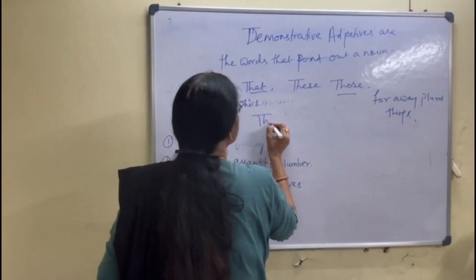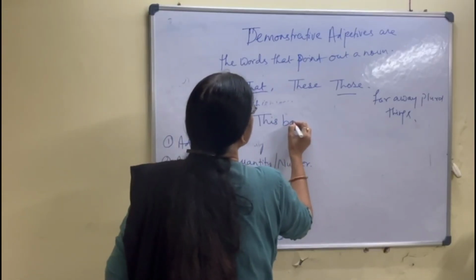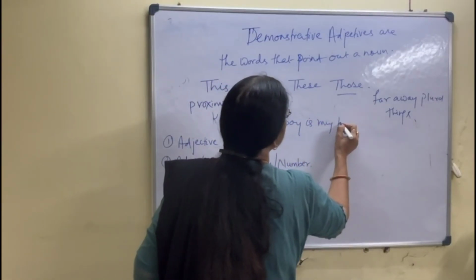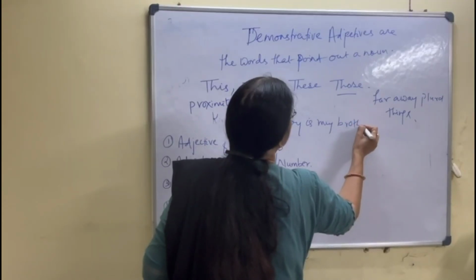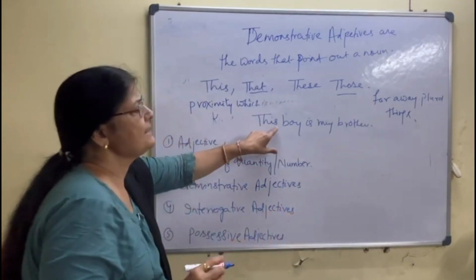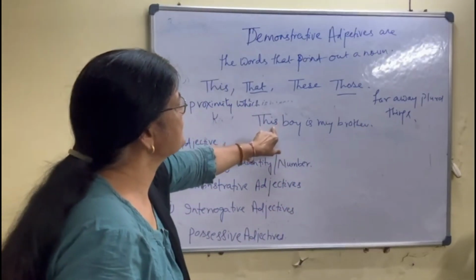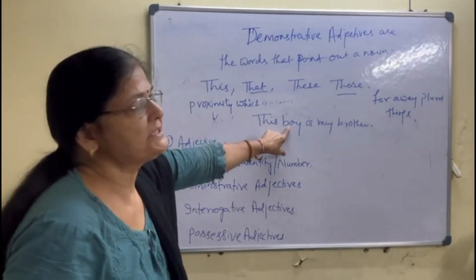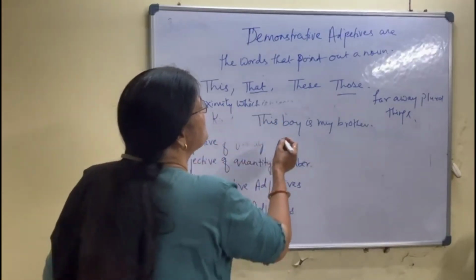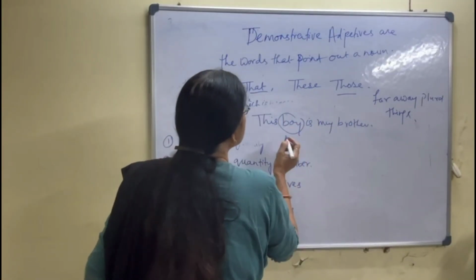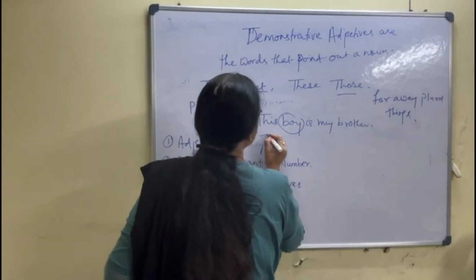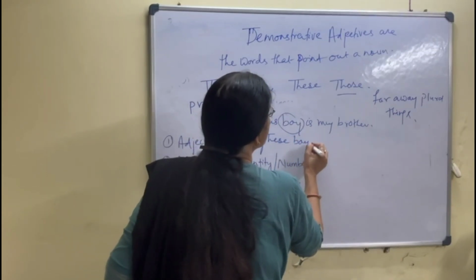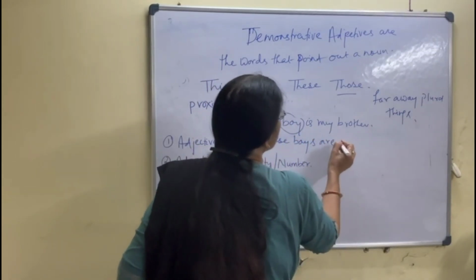This boy is my brother. यह लड़का. Now the word this points out the boy, the noun, who is my brother. This boy is my brother. These boys, plural, these boys are my brothers.